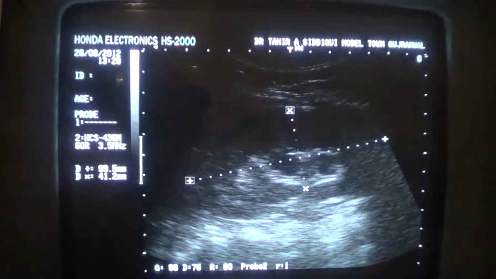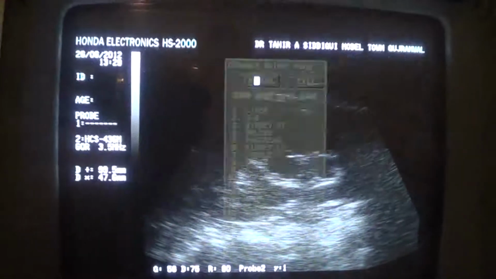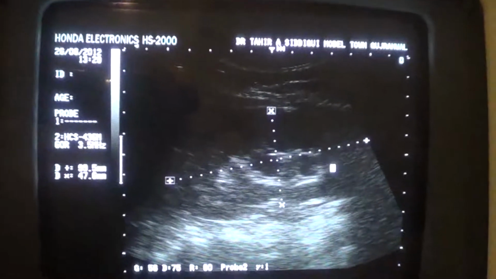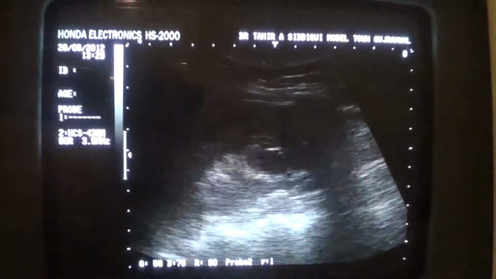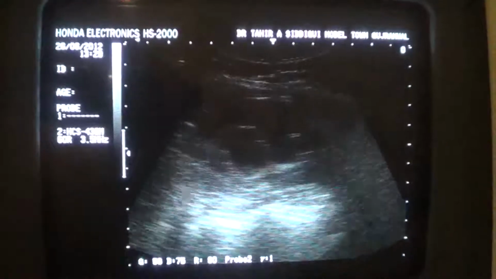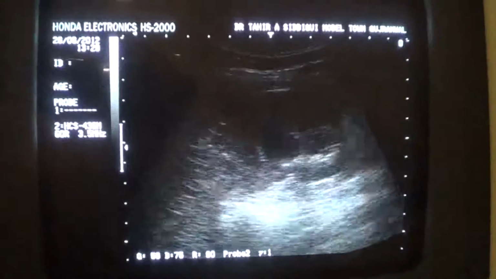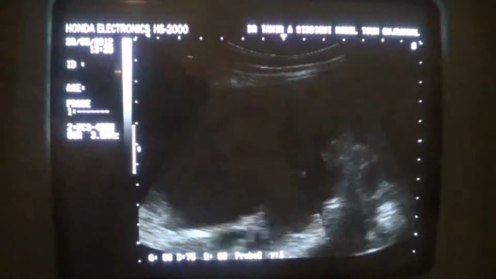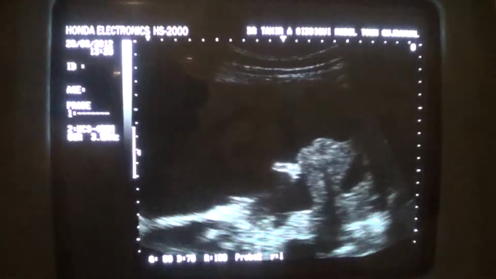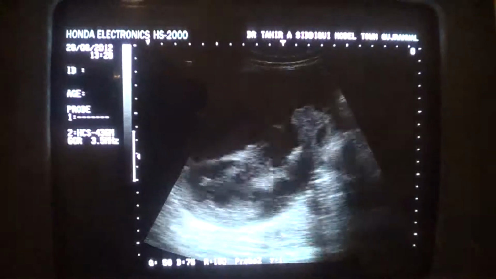Not a clear view, however, it's just to show you that all the calyces are dilated. There is minimal ectasia because of the mass effect from this large cystic mass.